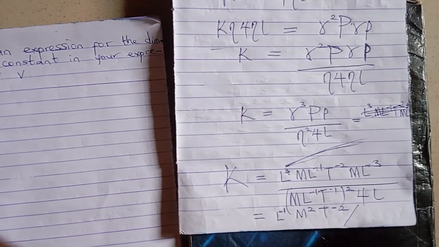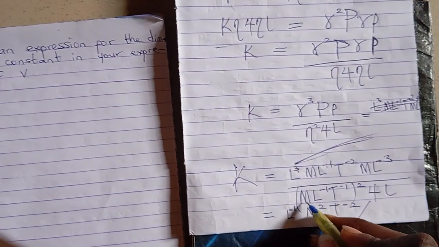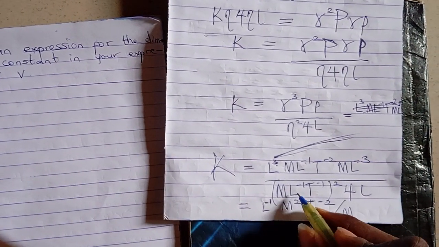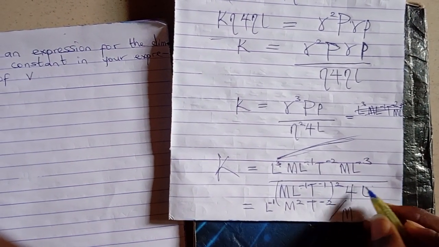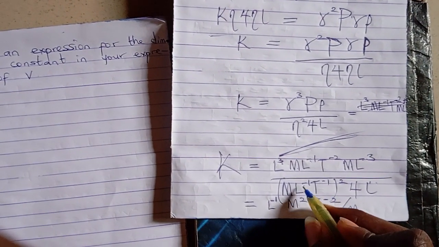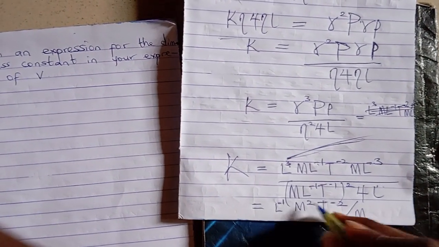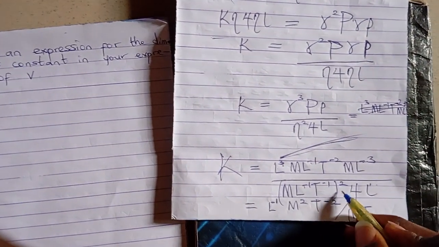So all over, here I have M, then L raised to power minus 1. I have L here, this is positive 1, so minus 1 plus 1 is 0, and anything raised to power 0 is 1. Okay, sorry, I did not distribute.